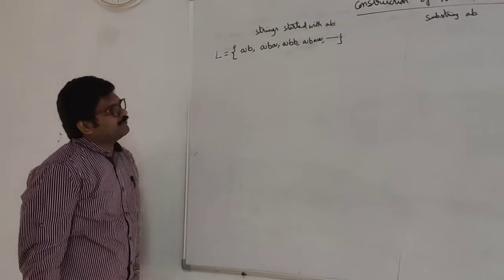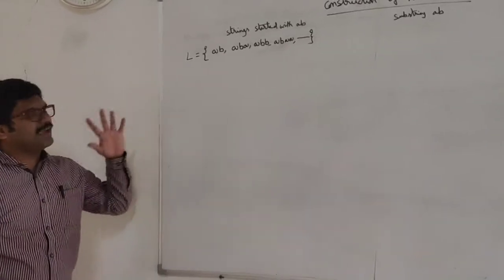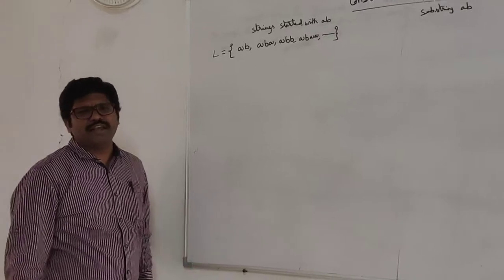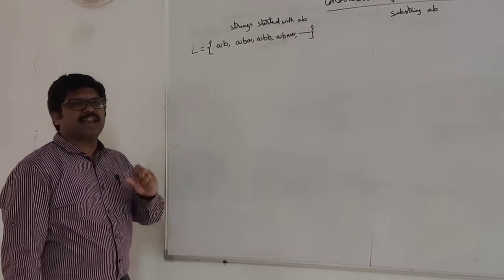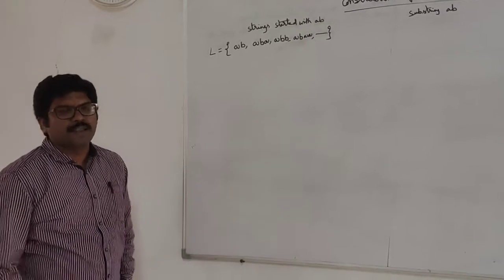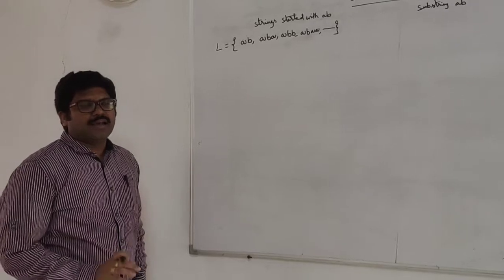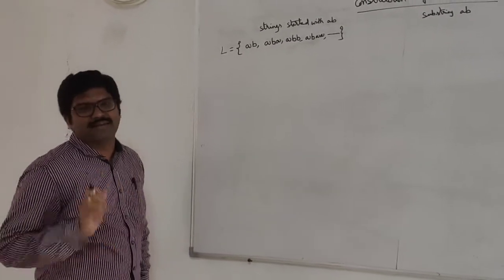So after writing the language, you need to check whether that language is finite or infinite. This is the common procedure for any DFA. First you need to write the language, and check whether the language is finite or infinite. If it is finite, you need to take the greatest length string and draw the skeleton for it.